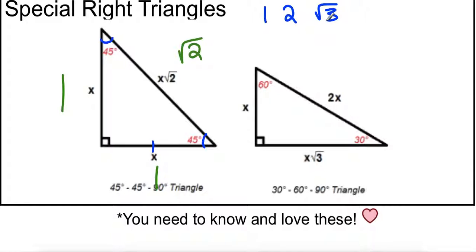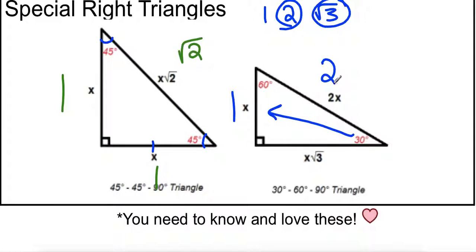30 degrees is the smallest angle, so across from it has to go the smallest number, 1 or 1x. The hypotenuse has to be the longest side, so if you think about these other two numbers, which one's bigger? Well, 2 is bigger, so this side is 2, which means across from the 60-degree angle is the root 3.